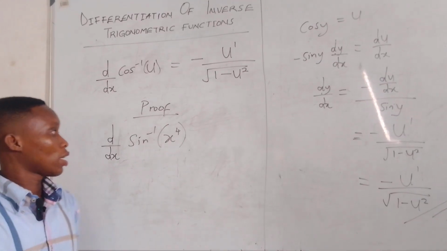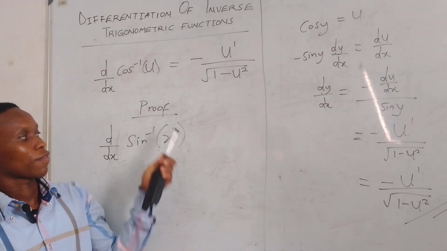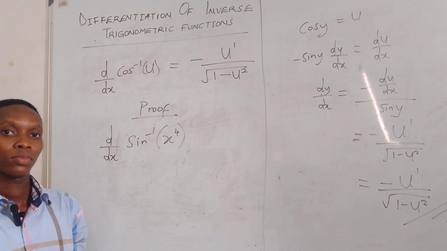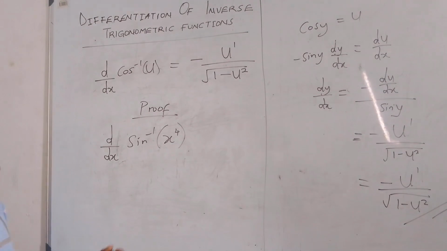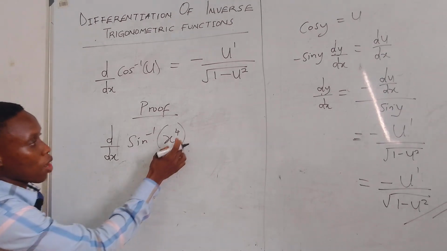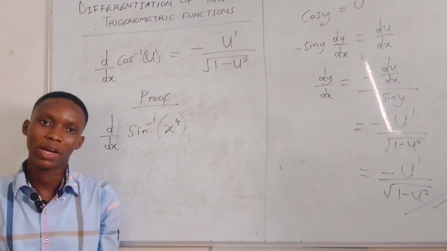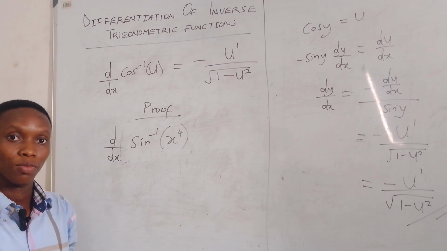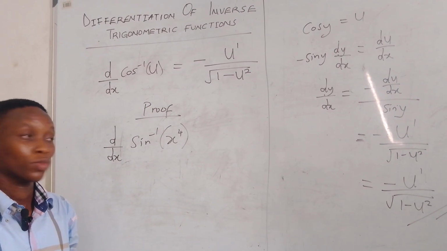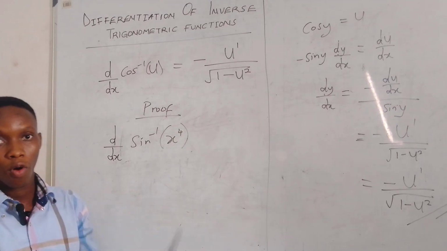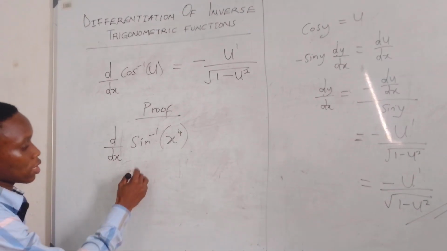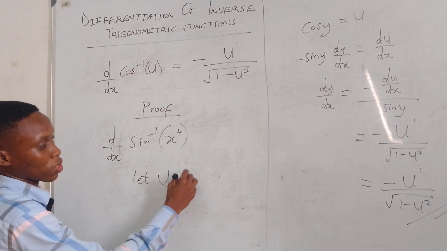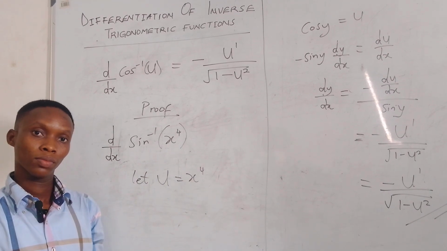Okay, let's assume we have to find the derivative of cos inverse of x power 4. To do this, we still have to make what? The one inside the bracket. You can try it at home before we start the solution. So we make x power 4 our u. So let u equal x to the power 4.